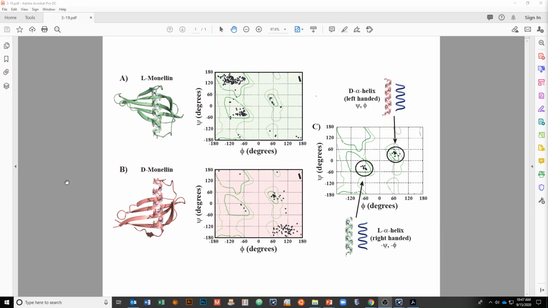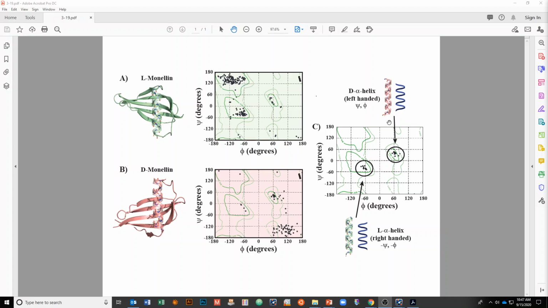If we make this protein with D amino acids, you will see that there's an inversion of all of your coordinates. So in your data points that show up, say, up here, where you have a Y value that's positive and an X that is negative, in D-monellin wind up down here with your signs inverted. So all of this winds up down here.